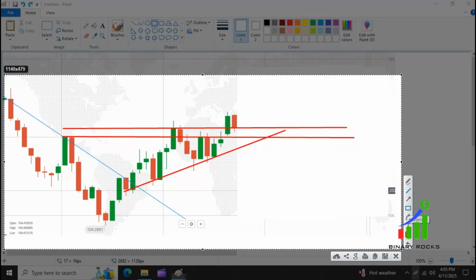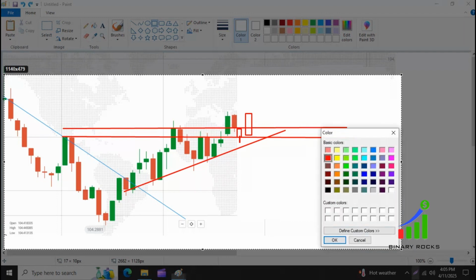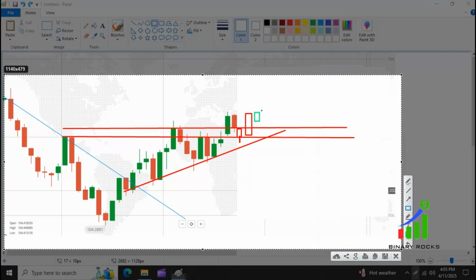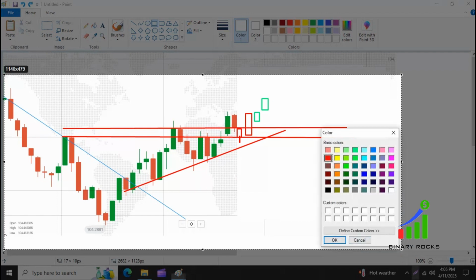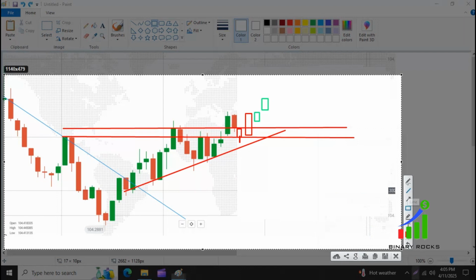Again, continuation to the buyers, but in these cases, sometimes the market may reach here. Let me show you. Like this. It will make one more candle with the rejection, and it will go again with buyers. Okay. So again, the buyers will enter here. Again, the buyers will enter. So as of now, we should wait in these kinds of areas.